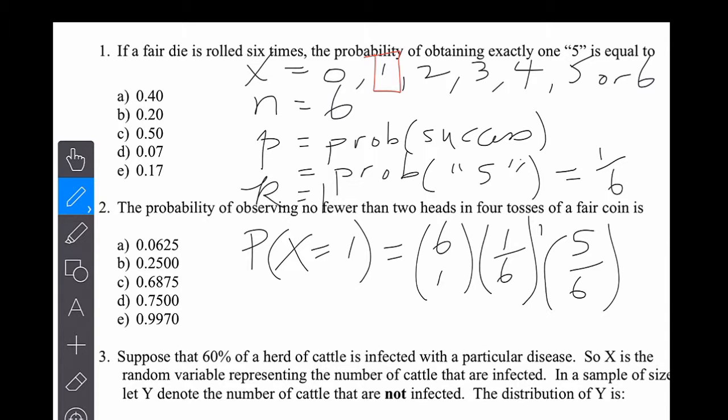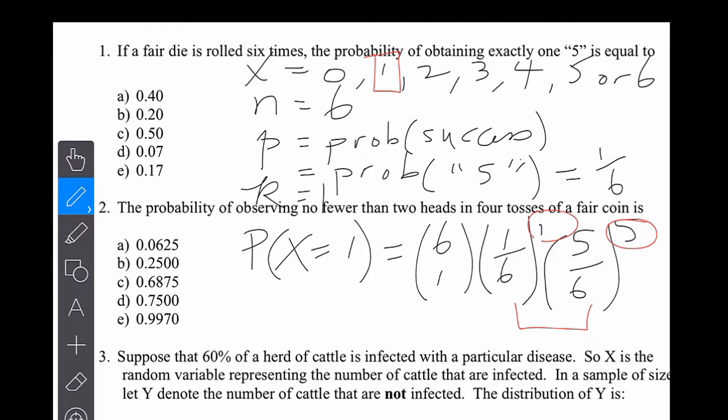Well, if there's 6 tries with 1 success, that means there has to be 5 failures. So we check: this plus this must be 6, and this plus this must be 1. So everything's correct.